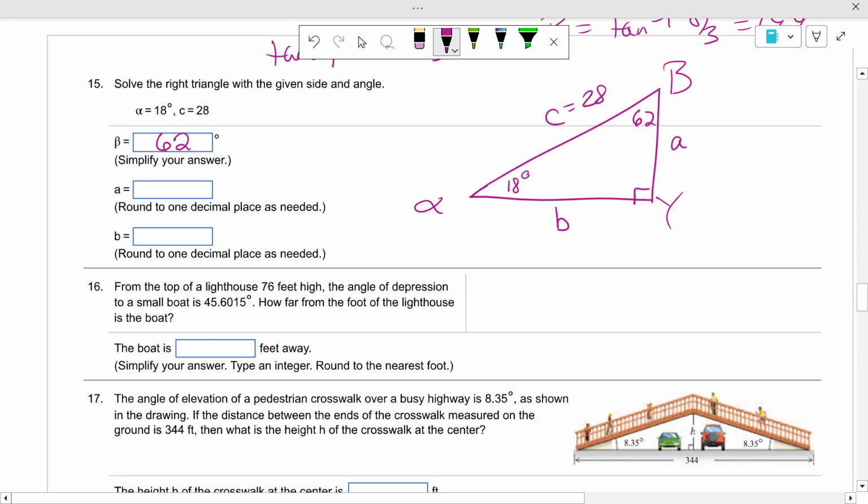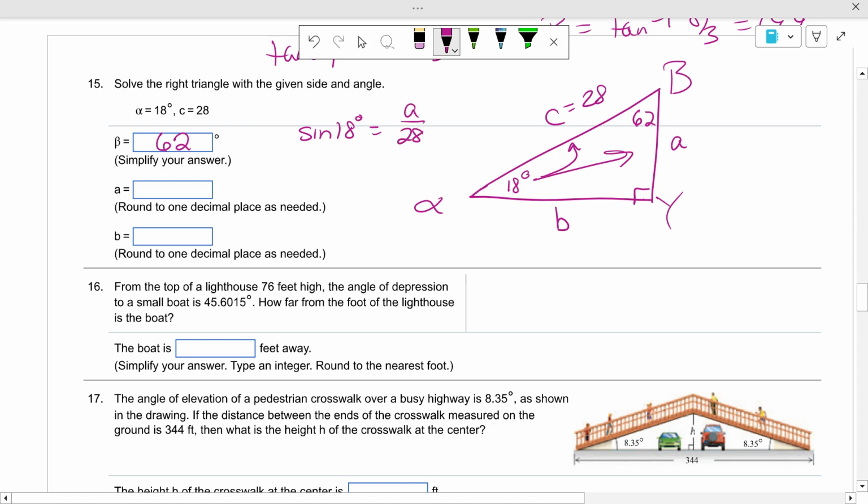Which trig function? It doesn't matter, either sine or cosine. Can't set up tangent, because tangent is opposite over adjacent. They're both variables. But a sine and a cosine involves a hypotenuse, so you can use either sine or cosine. So let's do sine. Sine of 18 degrees equals what over what? Opposite over hypotenuse, a over 28.